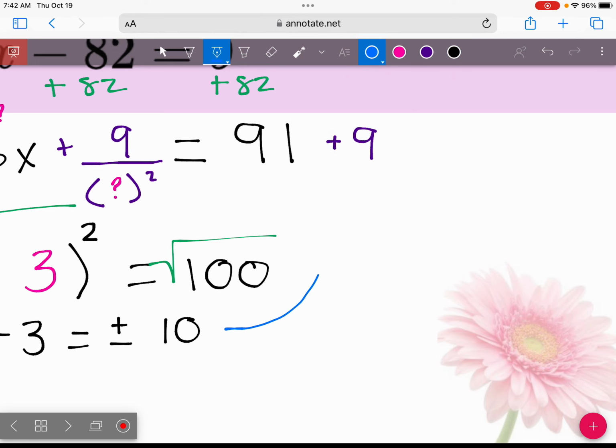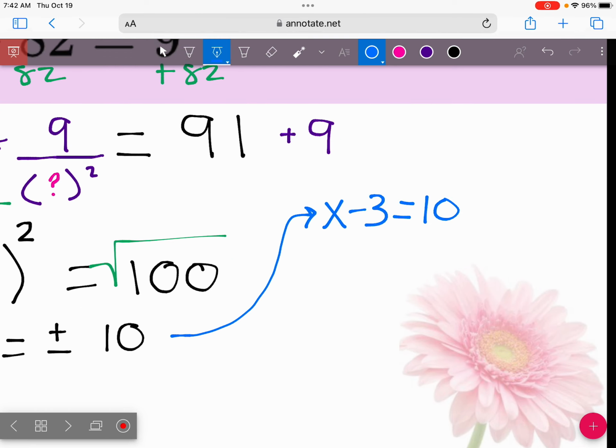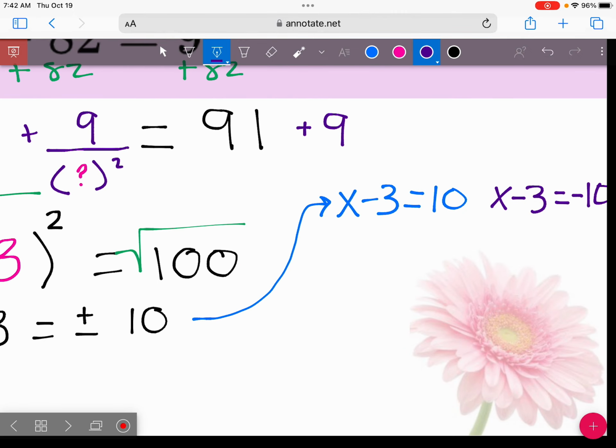So I'm going to bring this up over here, just so it's not at the bottom of the screen. So I'm going to have my x minus 3 equals 10. And we're going to have that x minus 3 equals negative 10. That is right on the edge of the screen. That's a 10.